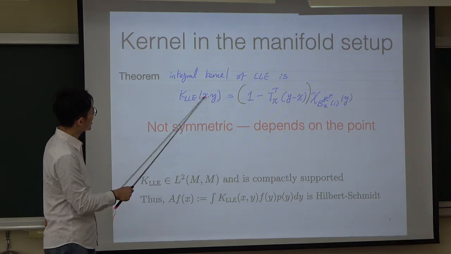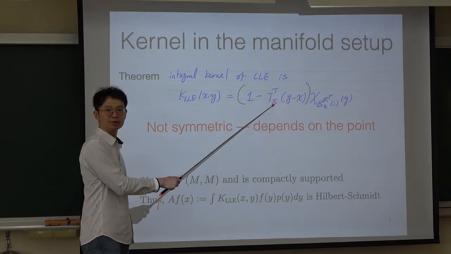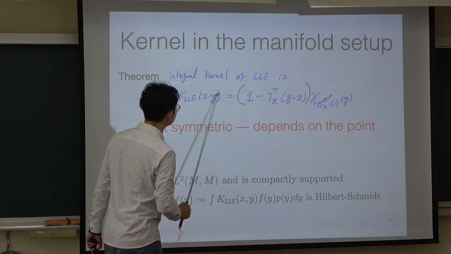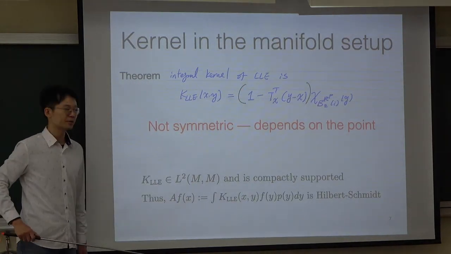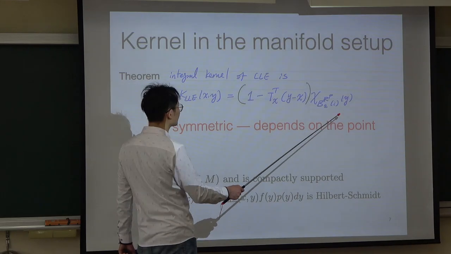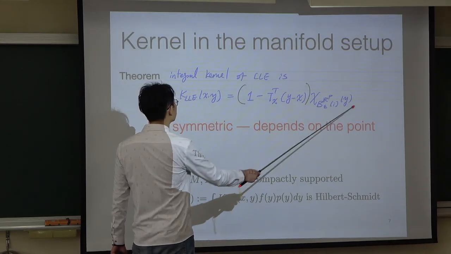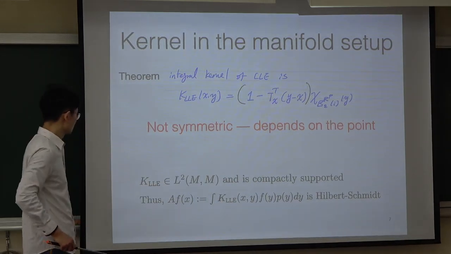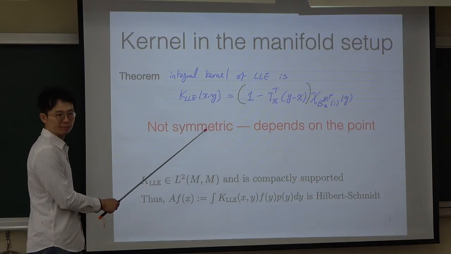If you have (y, x), then it will be T_y transpose. So in general, they are different. There will also be something different in this part, so it depends on the point. It's not symmetric.